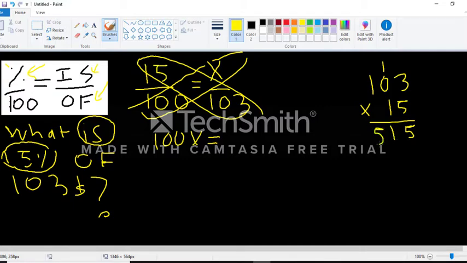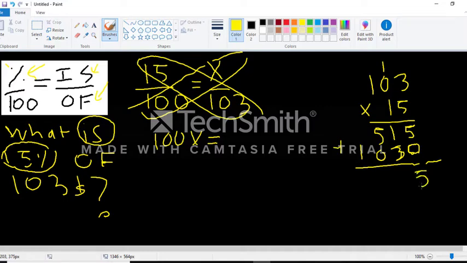Great. Now 1 times 3 is, oh, we're going to add this 0. I'm sorry about that. 1 times 3 is 3. 1 times 0 is 0. And 1 times 1 is 1. So we're going to add this.